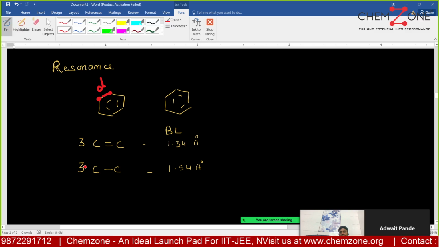A double bond brings the atoms closer, right? In case it is like this, then what will happen?